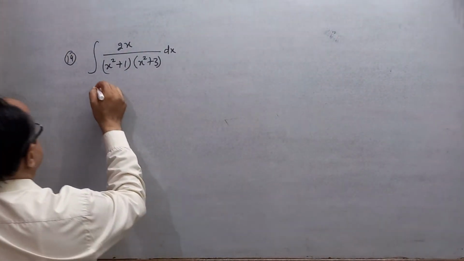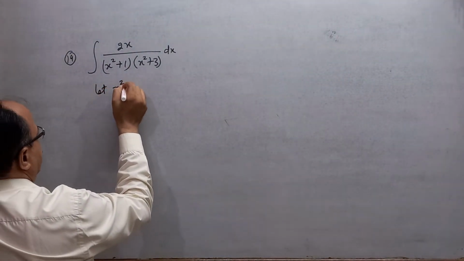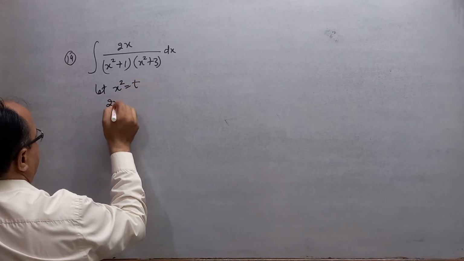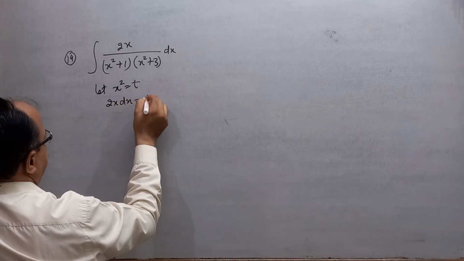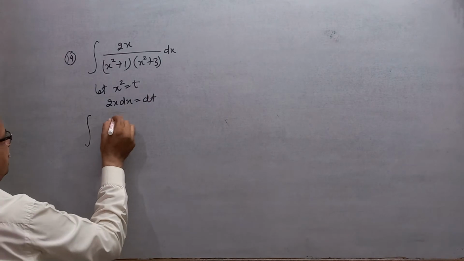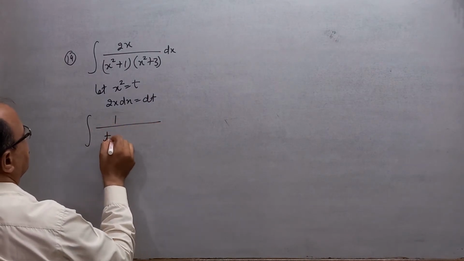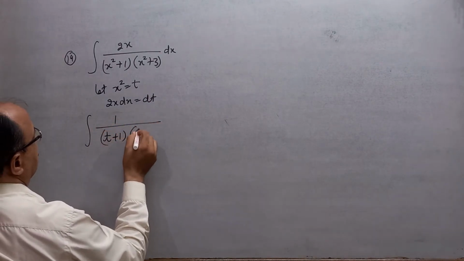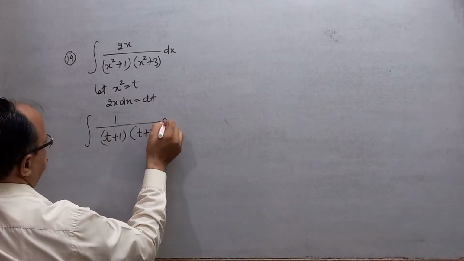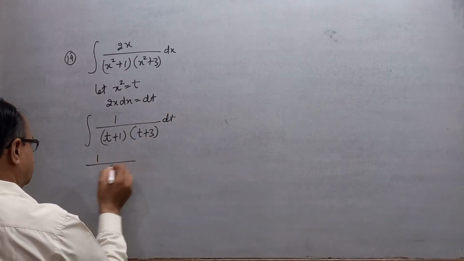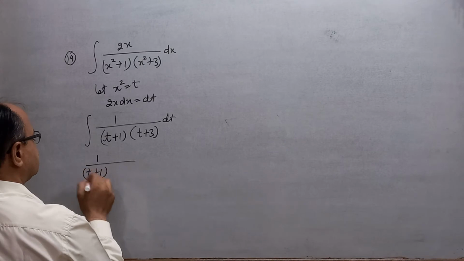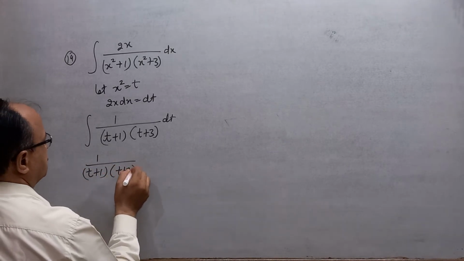Let x square is equal to t, 2x dx is equal to dt. Therefore 1 by (t plus 1)(t plus 3) dt. Further you can use partial fractions.